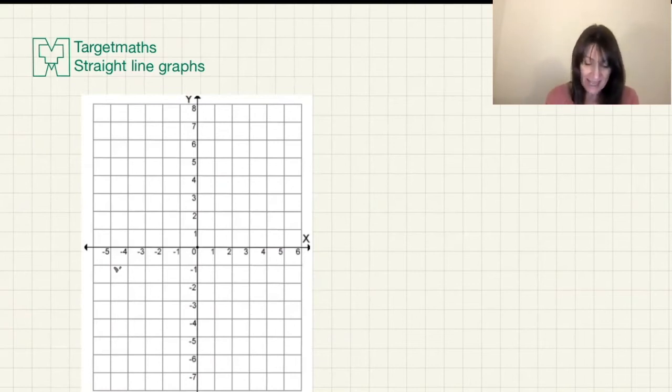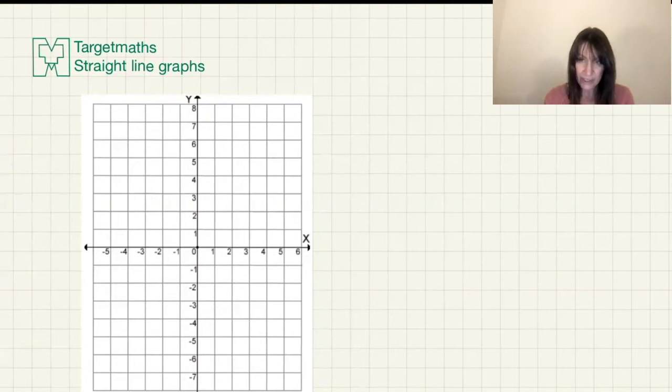So let's get really stuck straight into what we're going to be doing today. So we know from our reflections that the lines on this grid all have their own very special names. We know how to name vertical and horizontals. We know that is x equals 2, and we know that is y equals 3.